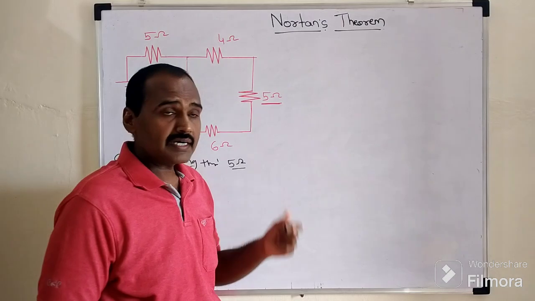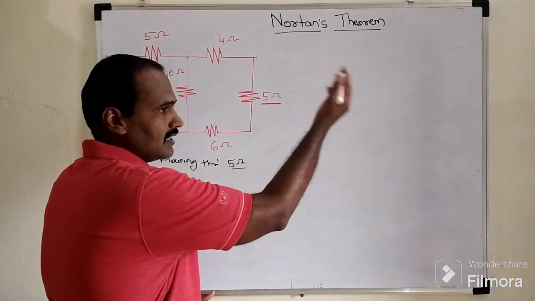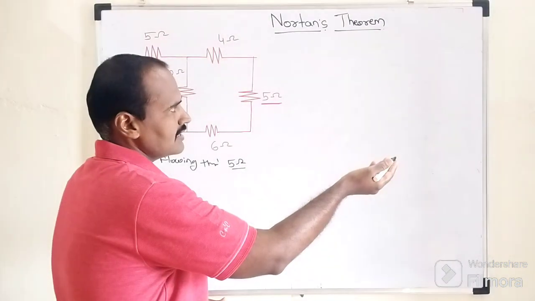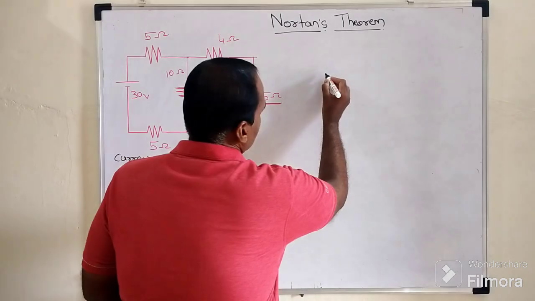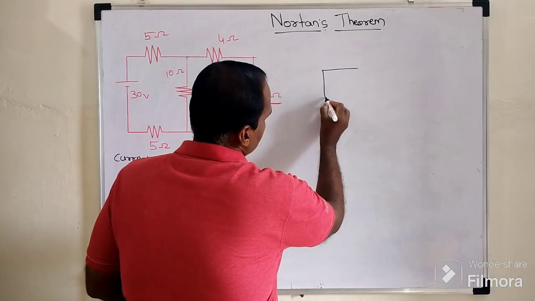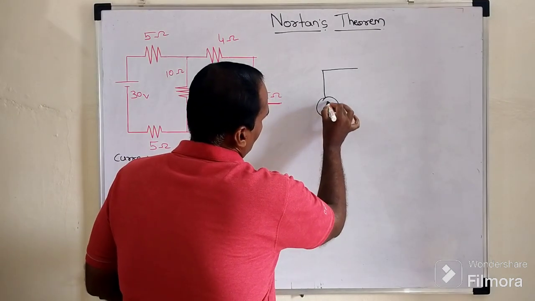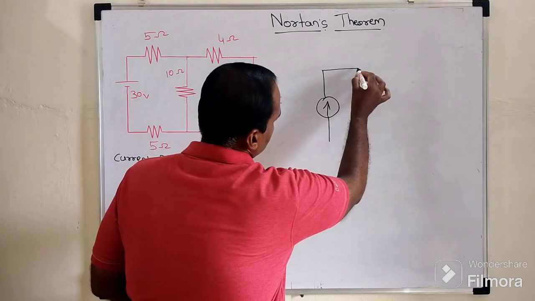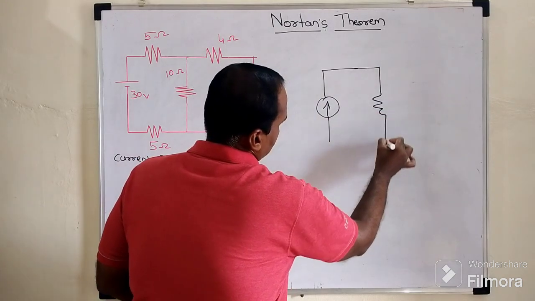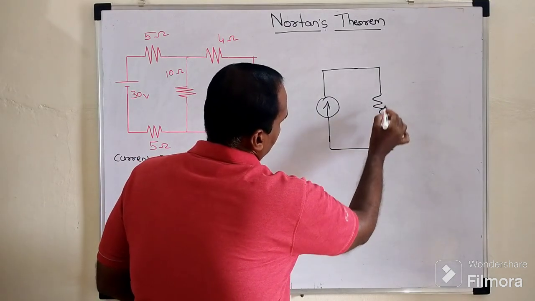So Norton's theorem states that any linear two-terminal bilateral circuit can be converted into the equivalent Norton circuit, which consists of the Norton's current source and the Norton's resistance connected in parallel.